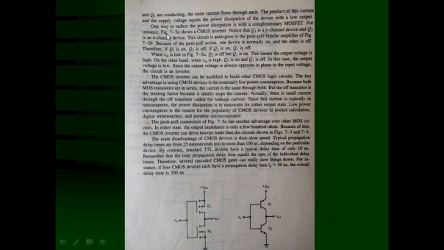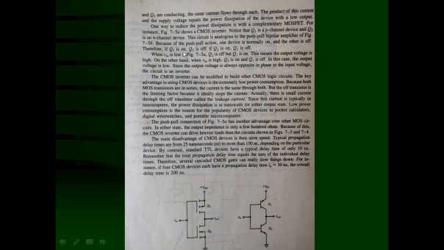For instance, figure 7.5A shows a CMOS inverter. Notice that Q1 is a P-channel device and Q2 is an N-channel device. This circuit is analogous to the push-pull bipolar amplifier of figure 7.5B. Because of the push-pull action, one device is normally on and the other device is off.